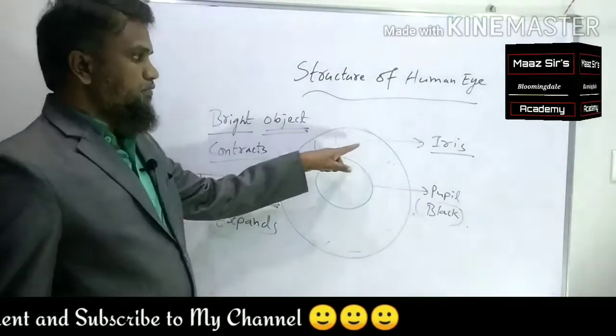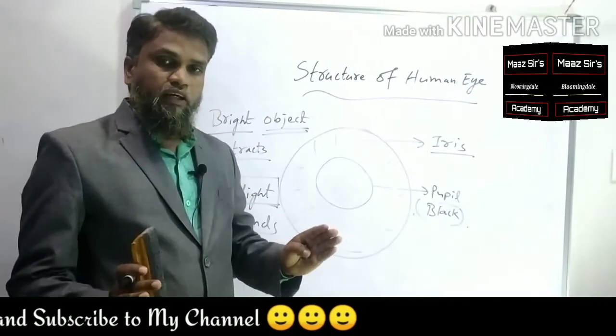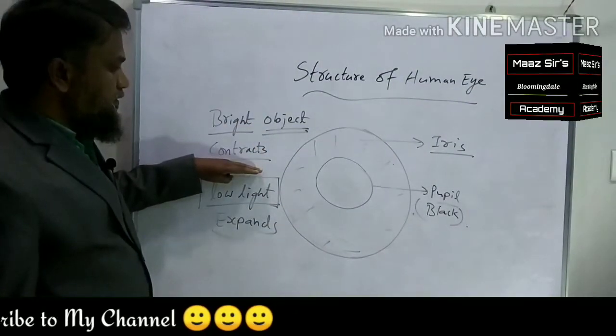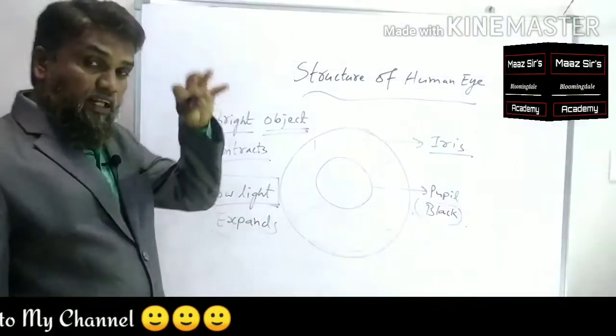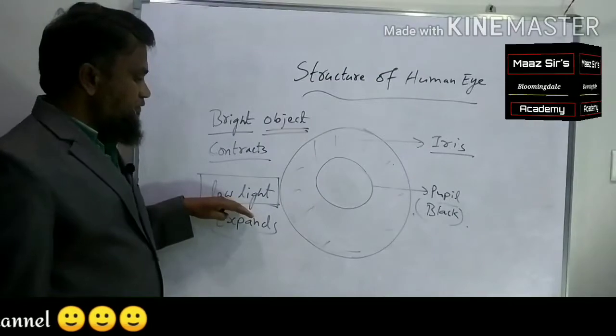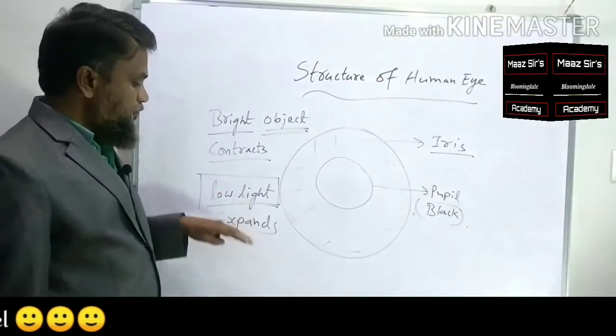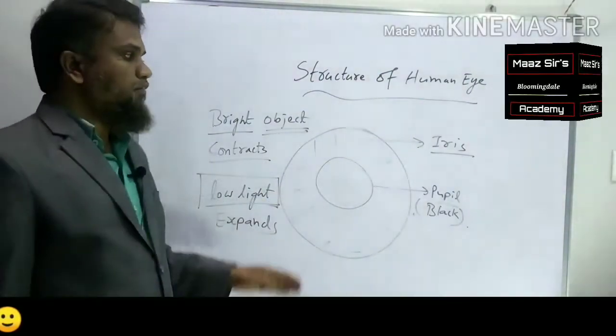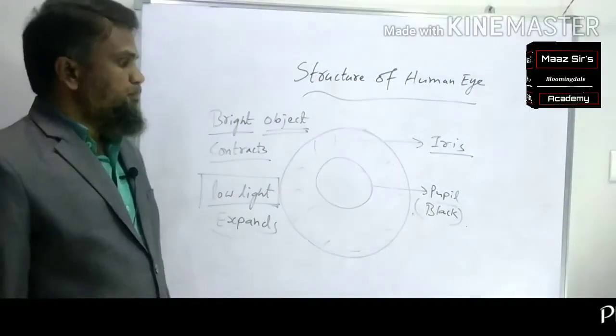Because of the iris. So basically, what is the role of the iris? It contracts whenever the light is very bright, and whenever the light is very low, it expands. So this is the role of the iris and pupil.